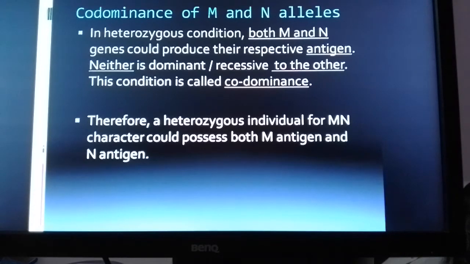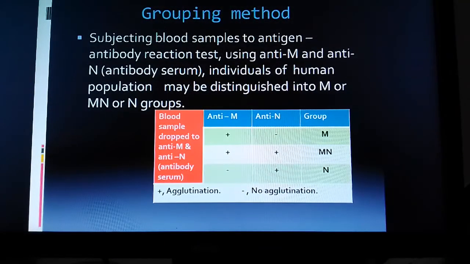If both the alleles are of N type, then the expression will be N antigen only. Accordingly, the possibilities are M allele homozygous type, N allele homozygous type, and MN heterozygous type.